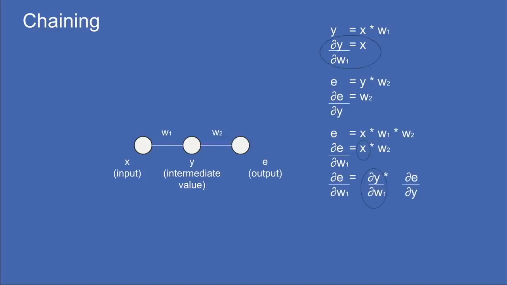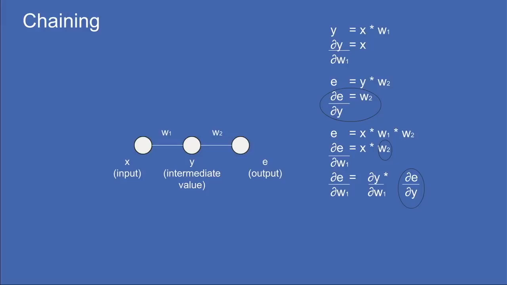And what we can see then is we can substitute in these steps: this change in y with respect to W1 is the same as x, and W2 is the same as the change in error with respect to y. What this breaks down is, if we want to know how much a change in W1 affects the error, what is dE dW1?